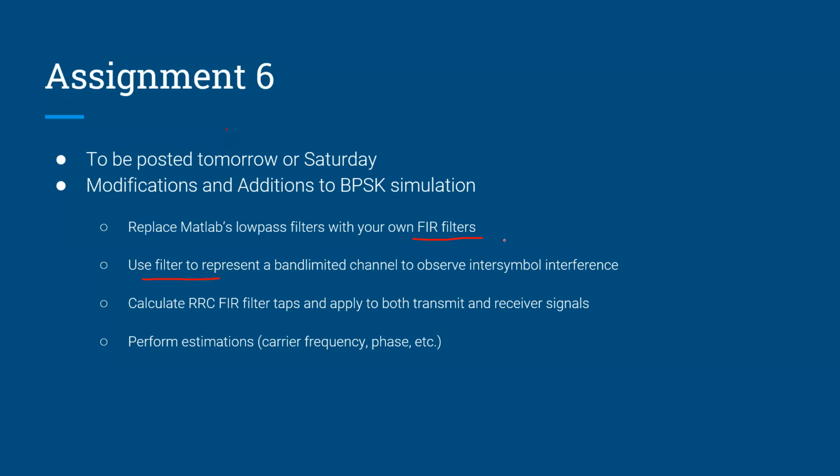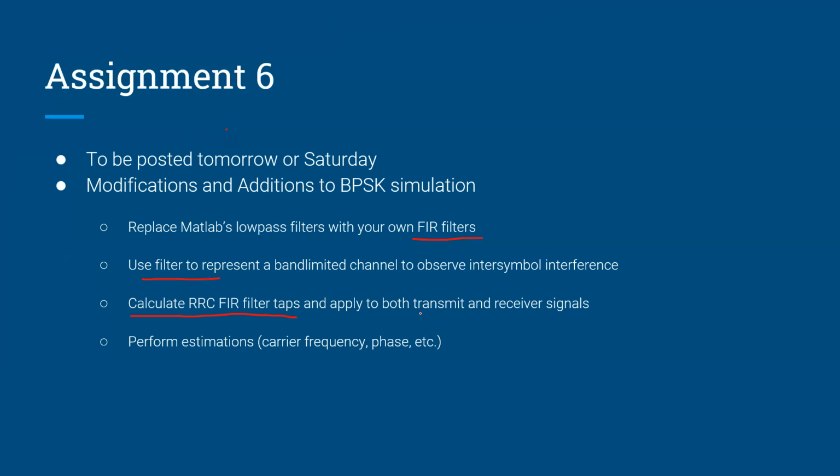It'll basically create intersymbol interference, which is the undesirable property that we want to correct for, usually using the root raised cosine filters. And so that's the next step, which is you want to calculate the FIR filter taps for the root raised cosine filter. And you'd use that impulse response I listed back a few slides, which you can also find on Wikipedia in case I made a mistake. I hope I didn't.